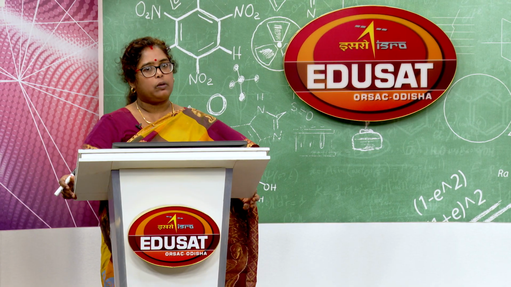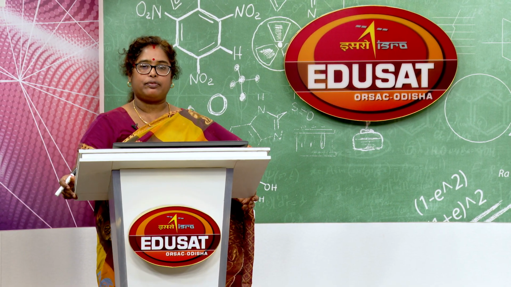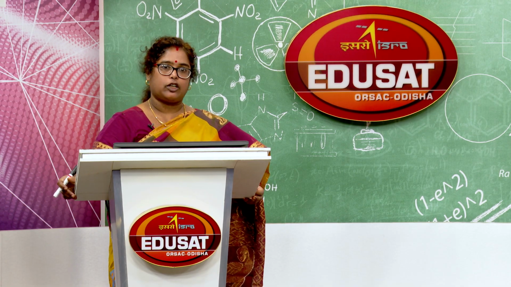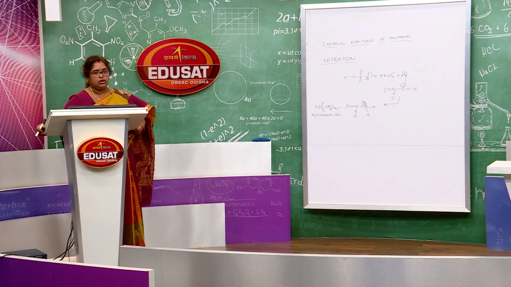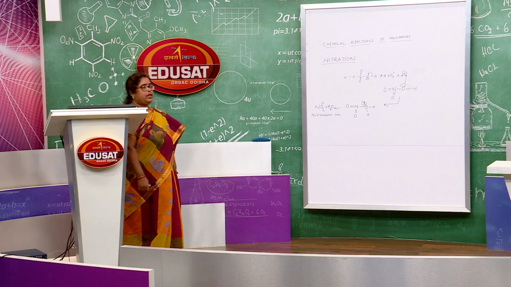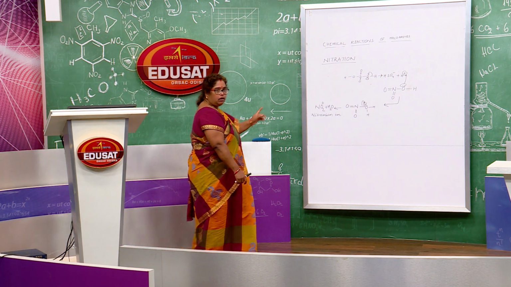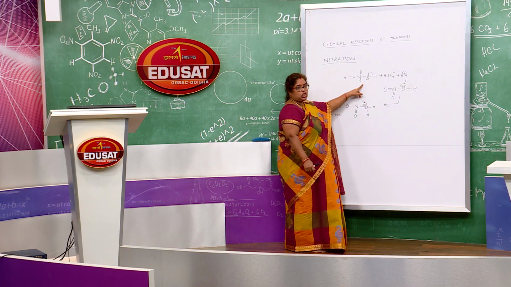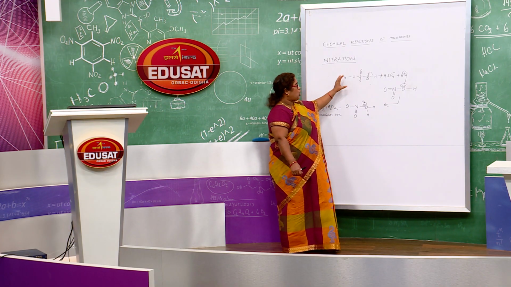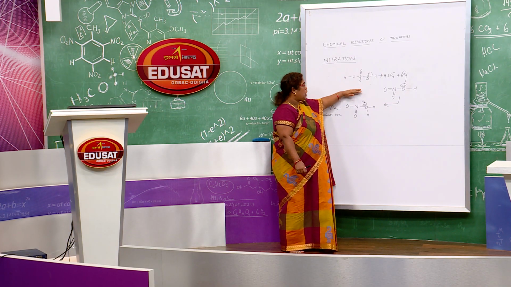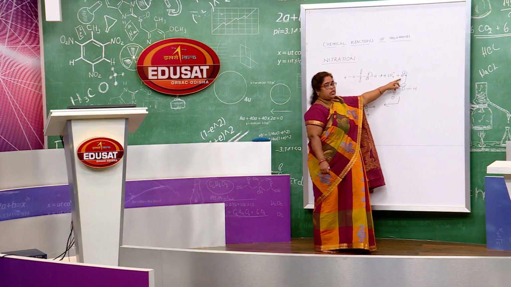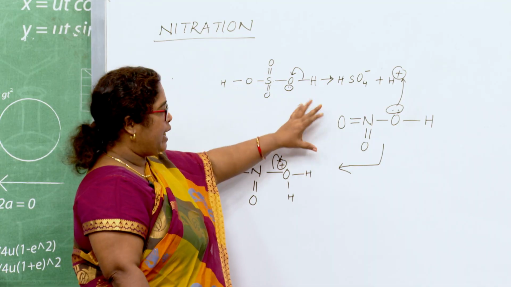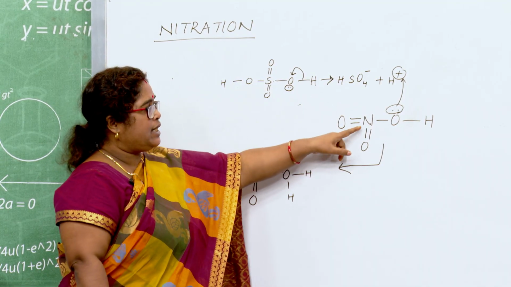As all of us know, the first stage of this electrophilic substitution is generation of the electrophile. So, here is the mechanism to show you the generation of the electrophile. This is nothing but the structure of sulfuric acid. Sulfuric acid is a strong acid, it gives the H plus ion and gives us the HSO4 minus ion, and this is the structure of nitric acid.